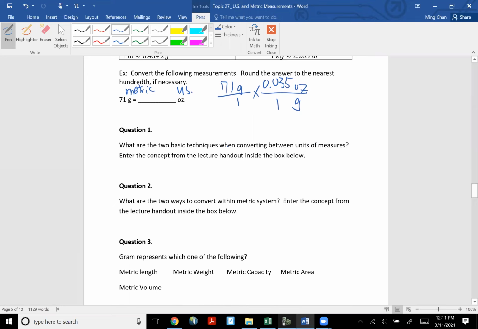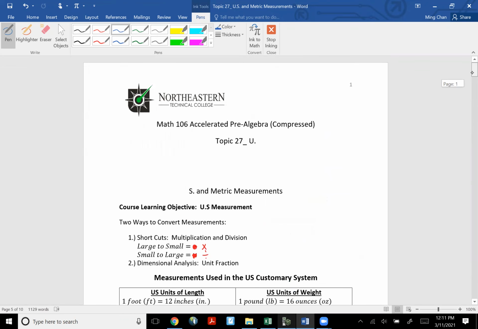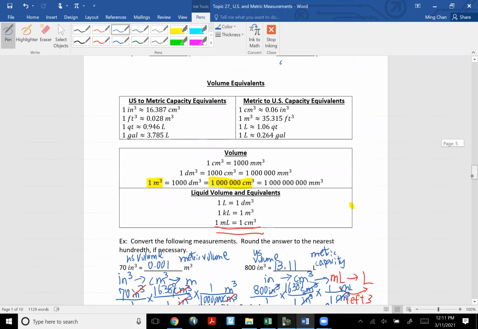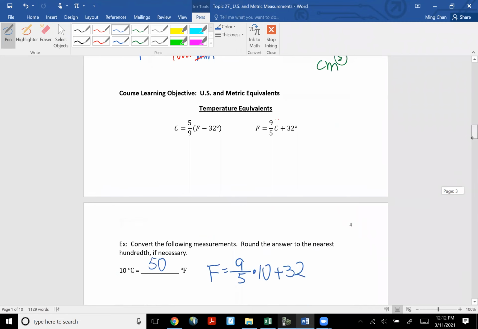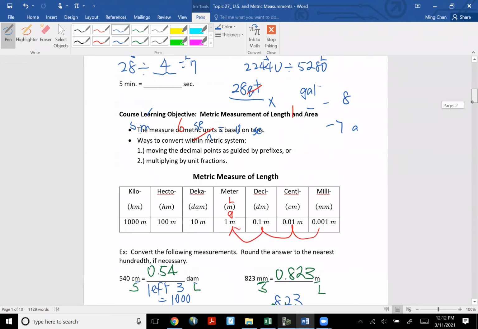All right, let's take a look at some of these homework questions. What are the two basic techniques when converting between units of measures? So that will be right here at the beginning. Two ways: the shortcuts and the dimensional analysis are the two methods. What are the two ways to convert within the metric system? So that will be the second topic.